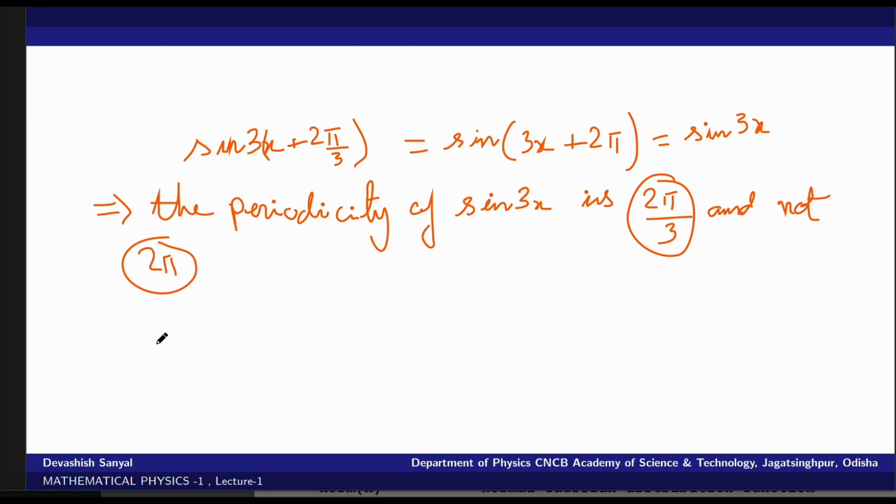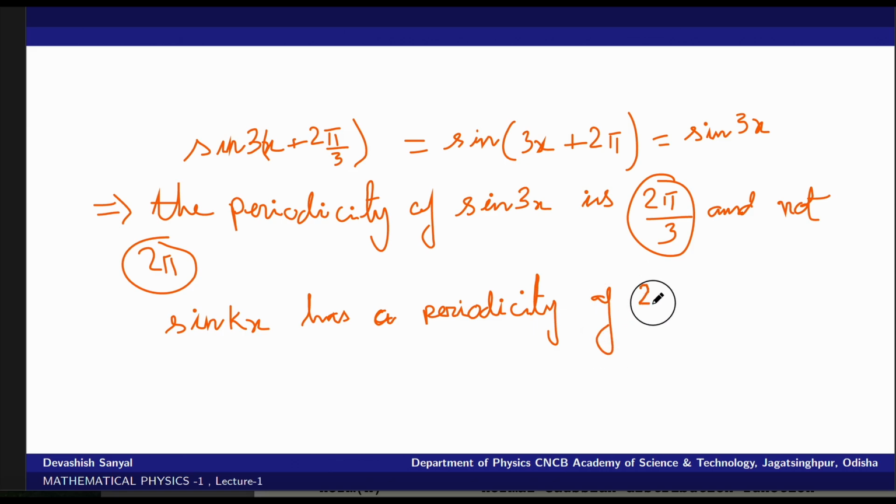So in general, sin kx has a periodicity of 2 pi by k.